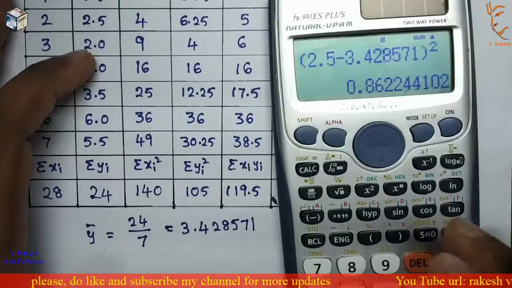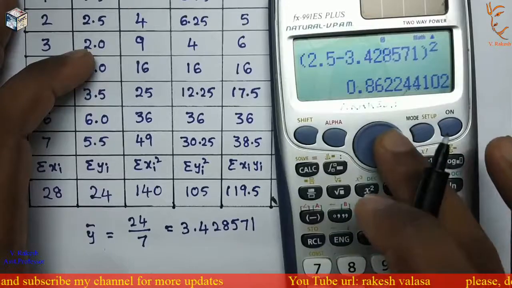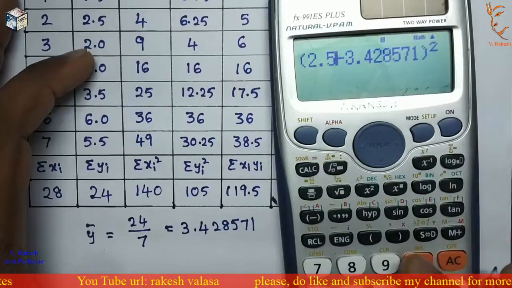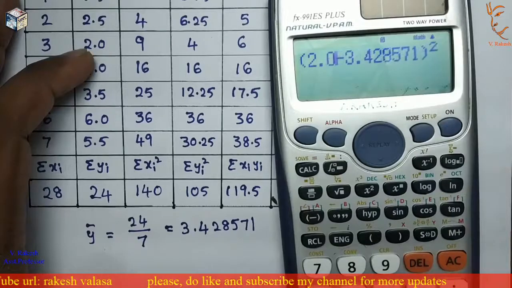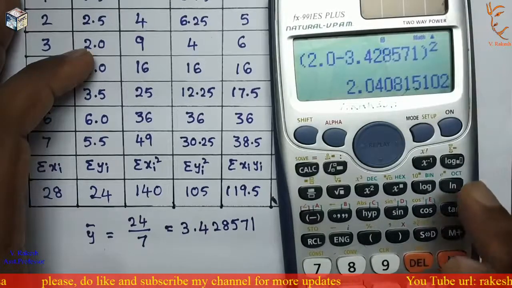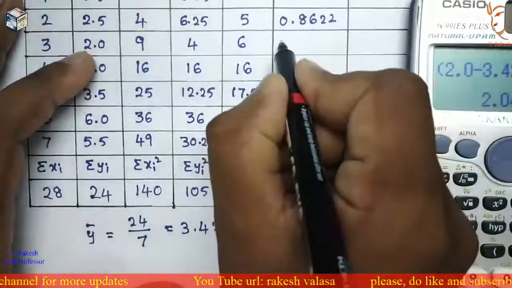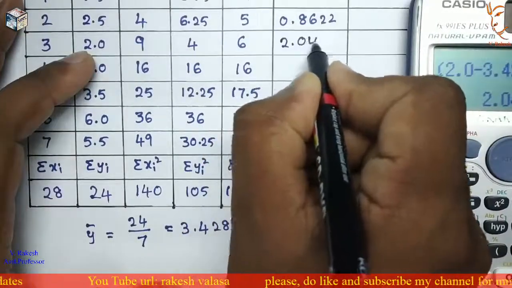Next one is 2 minus y bar whole square. Answer is 2.0408.